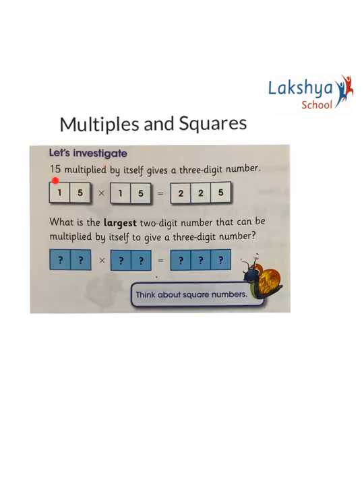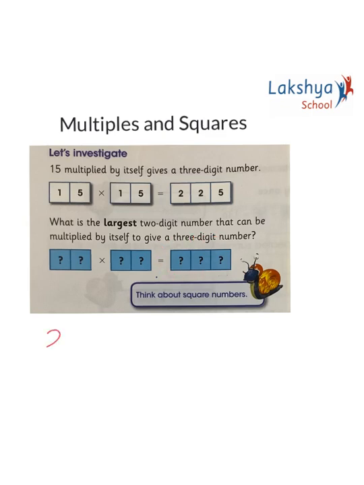Let's investigate. 15 multiplied by itself gives us a 3-digit number, which is 225. What is the largest 2-digit number that can be multiplied by itself to give a 3-digit number? Think about square numbers. So we need to work out which largest 2-digit number multiplied by itself will give you a 3-digit number.